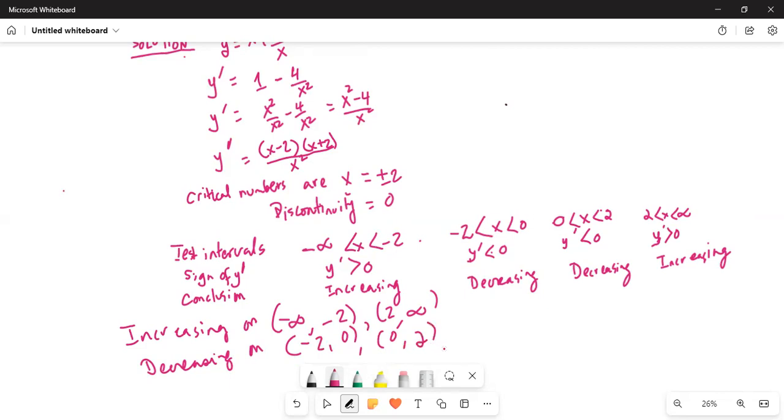So that's the answer to our problem. The interval in which the function is increasing is from minus infinity to minus 2, and on the other side from 2 to infinity. From minus 2 to 0 it is decreasing, and then again from 0 to 2 it is decreasing. So there is a discontinuity at 0.